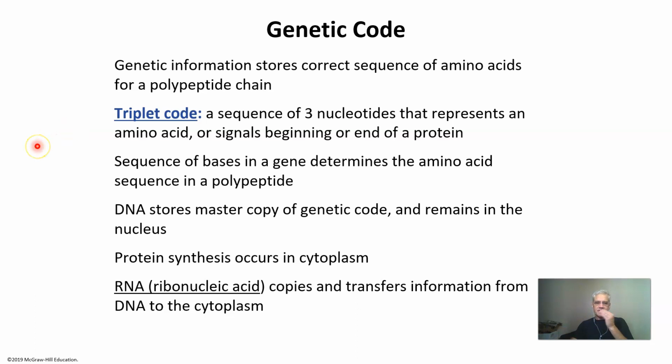So the genetic information stores a correct sequence of amino acids. Remember, an amino acid is a molecule that when you string amino acids together, you can make a protein or a polypeptide chain. You string them together in a head to tail fashion.